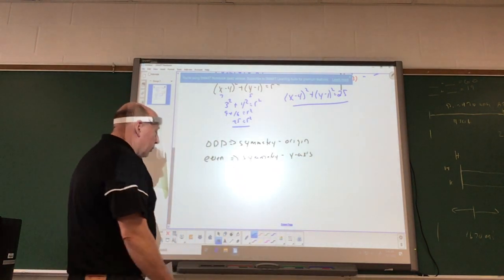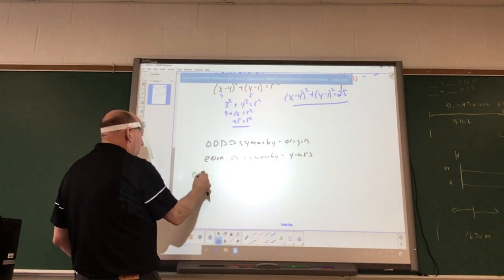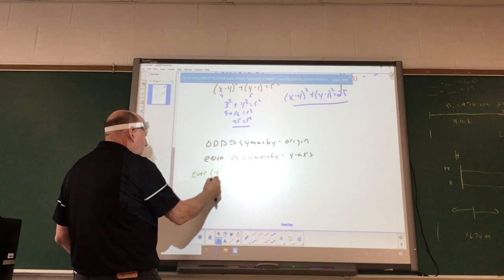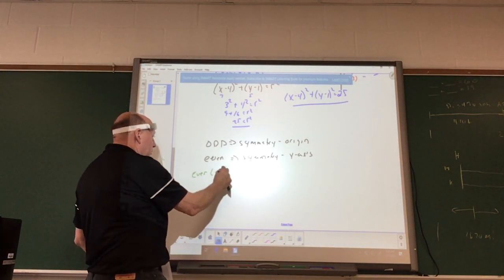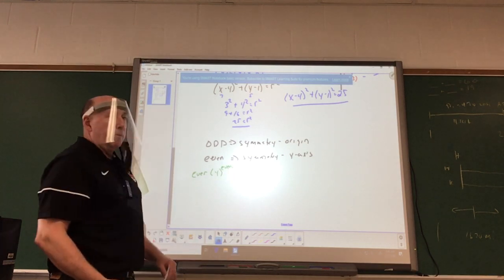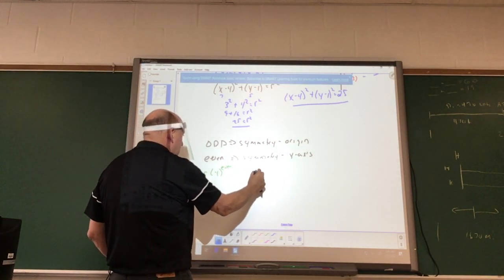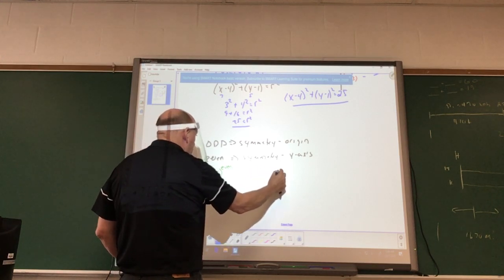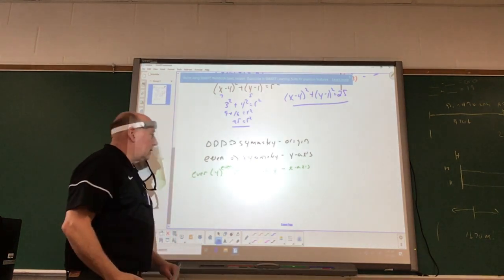And if you're even with respect to y, with the y variable, which means all your exponents are even up here, you're going to be symmetric about the x-axis.